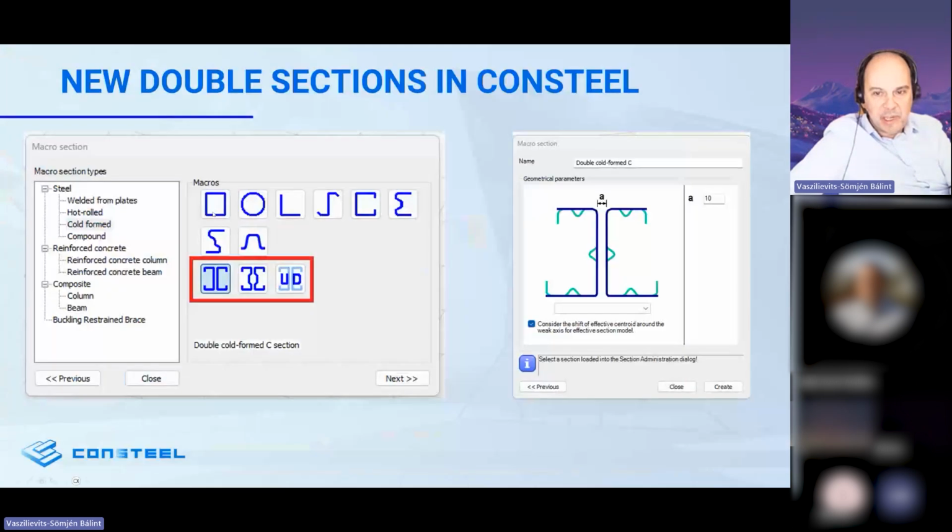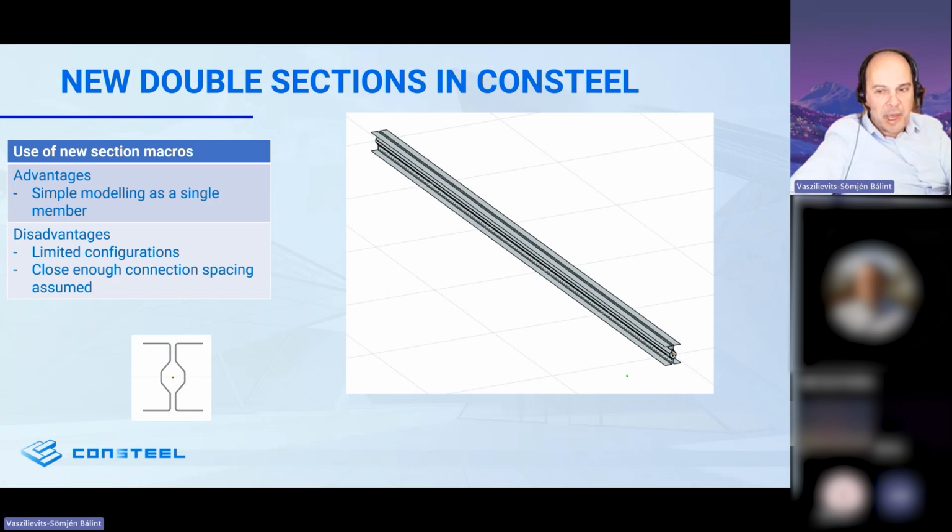So the way we need to define such a double section is that we use as input a single section and we define a gap if that's the case in between. And then like this, we can easily use a double profile exactly the same way as any other profile in Consteel. We can use any sort of boundary conditions on them, eccentric, centric.